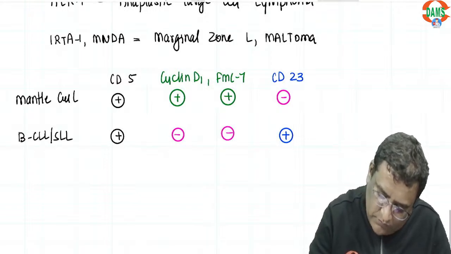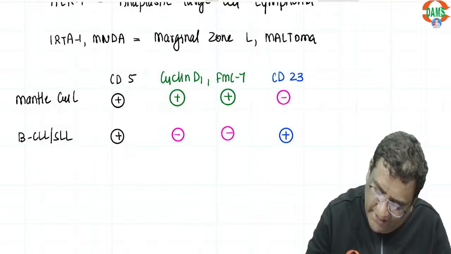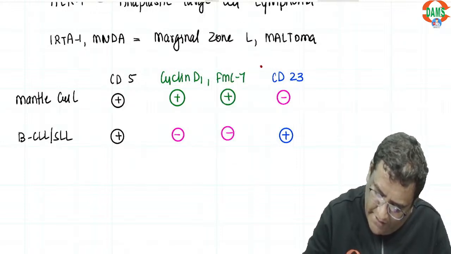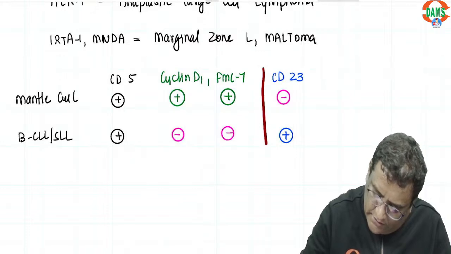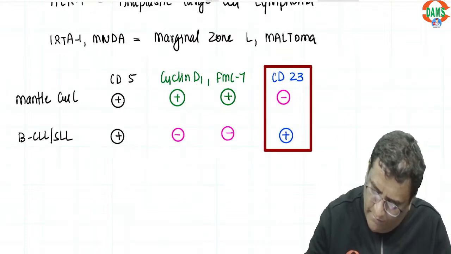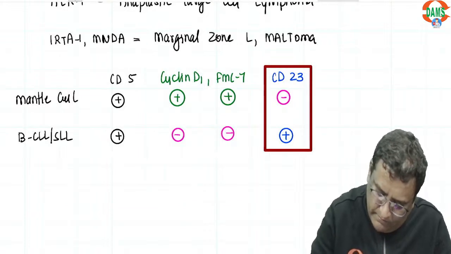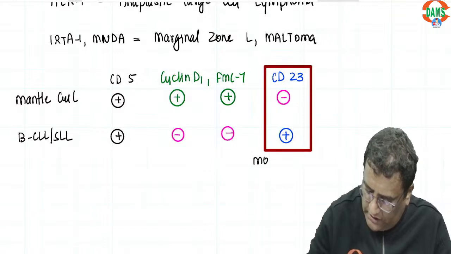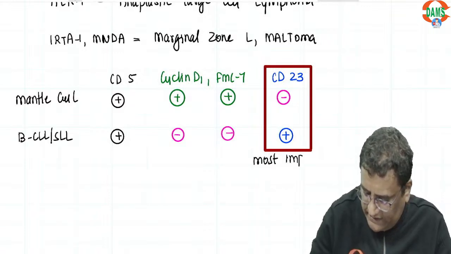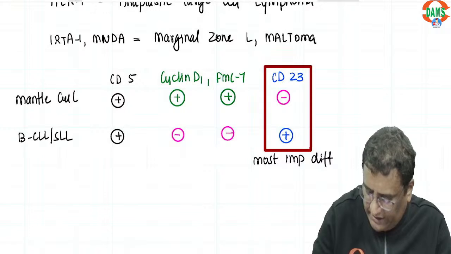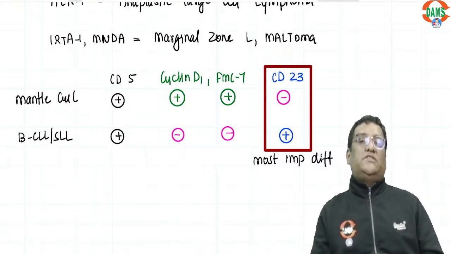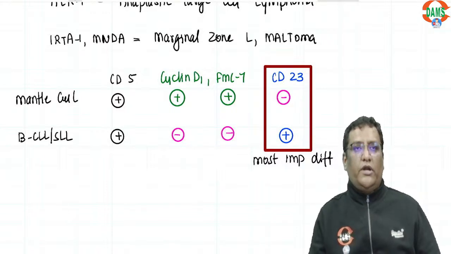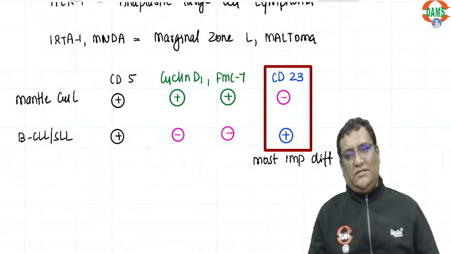However, the most important difference between mantle and BCLL SLL is CD23. So always we go by what CD23 tells us.